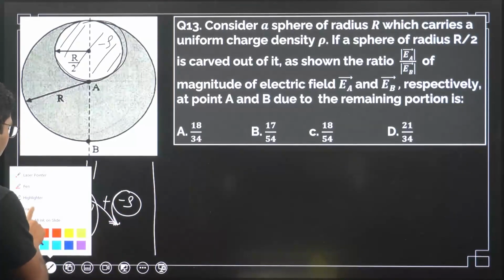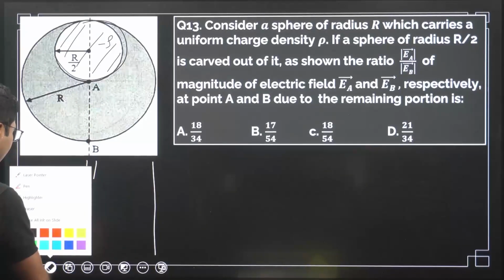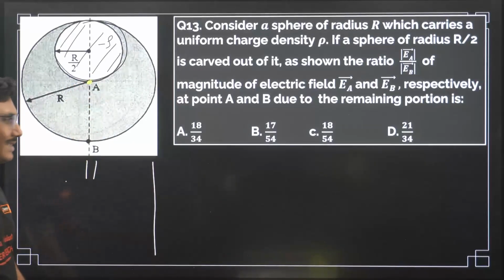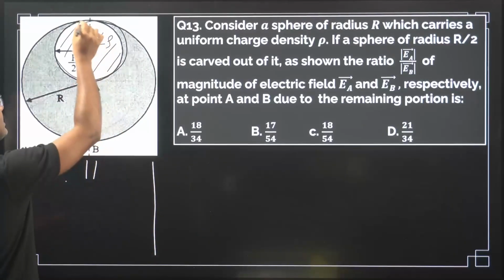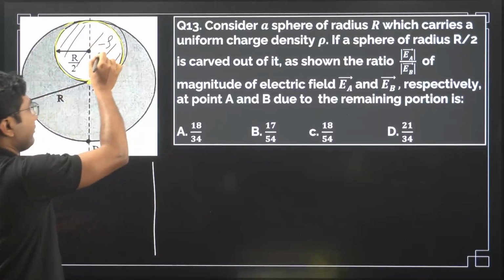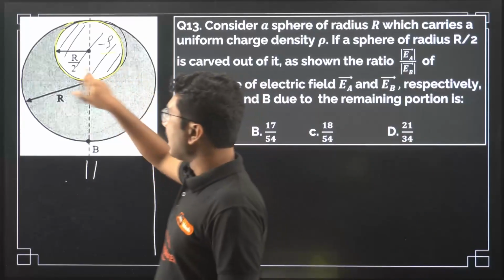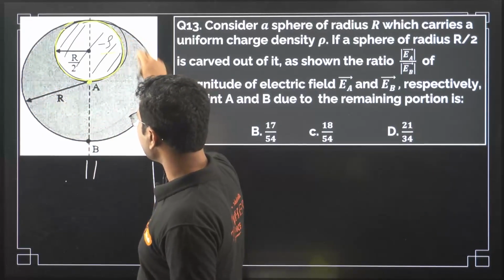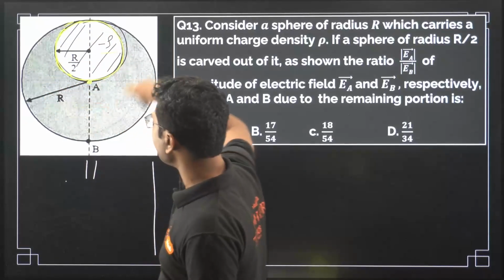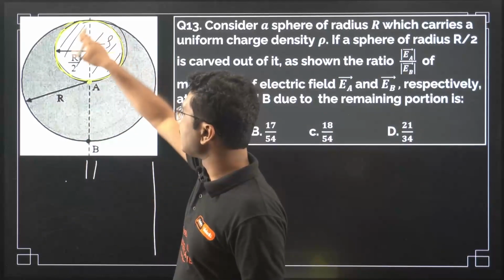Now, for electric field at point A, the electric field at point A is easy. Why easy? Because this point lies on the surface of this sphere of charge density minus rho, and by Gauss law, if you draw the Gaussian surface, the outside sphere has no influence, no charge from the outside sphere is getting covered inside it.